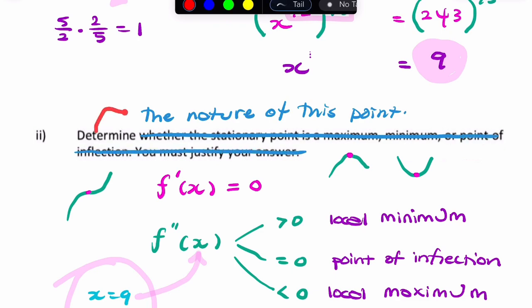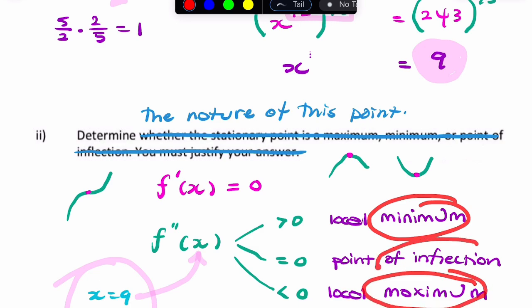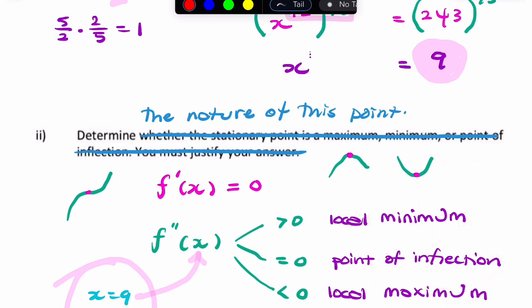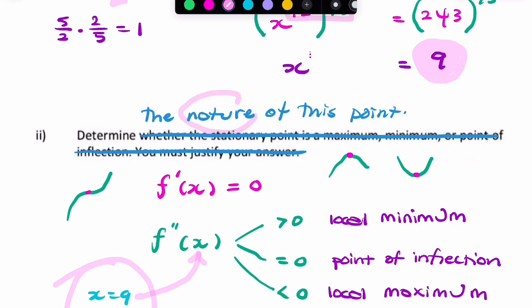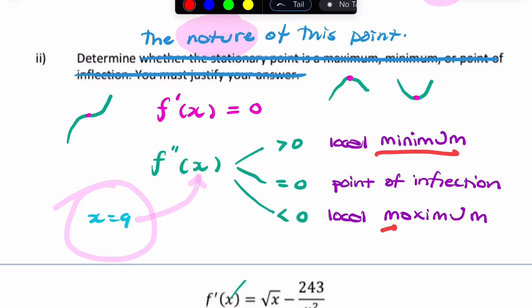And you need to determine whether it's a minimum, a maximum, or point of inflection. But notice the question might not mention that. They might just use this word nature. And by nature of the turning point, the question always intends to ask about whether it's a maximum or minimum.